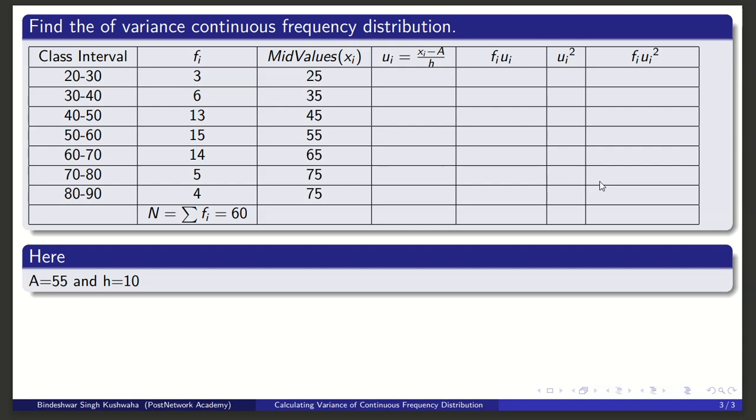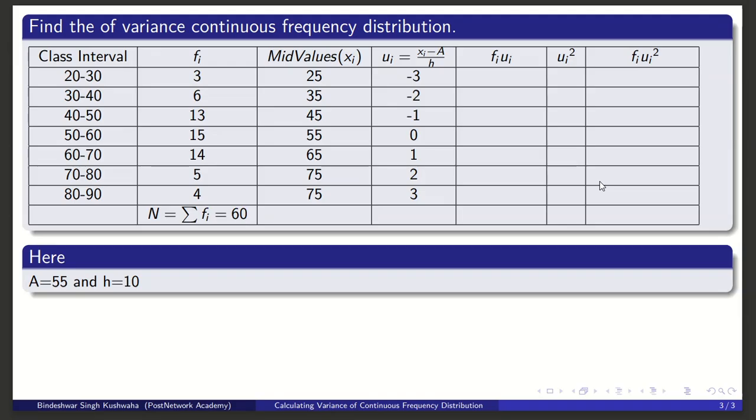So 25 minus 55 upon 10 would be minus 30 upon 10. So that is minus 3. Second value, you will subtract 55 from 35 and you will divide it by 10. So that would be minus 2. And the same way you will get other values.